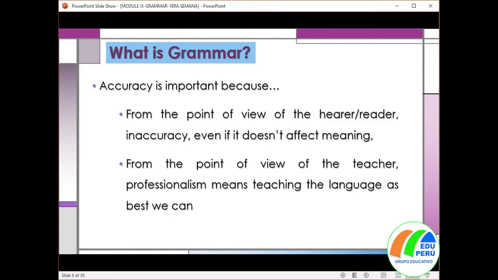Is this regular or irregular? So you are thinking too much about the structures and the patterns, and it affects your fluency. All right. So you have to be very careful. You need to be conscious about these structures, but they don't have to affect your fluency when you speak, when you communicate, when you write also, all right? So this is important to take into account.